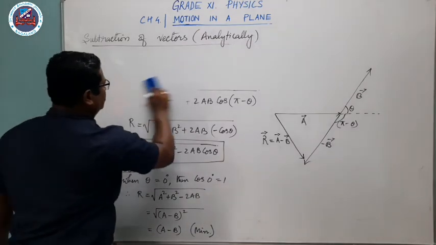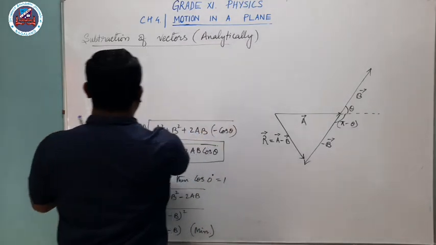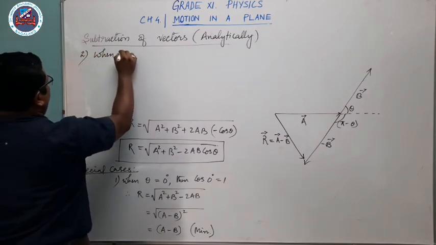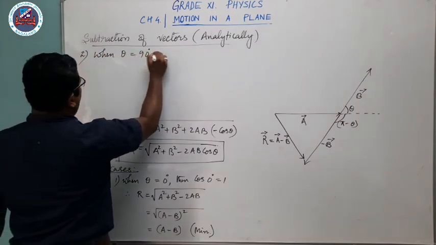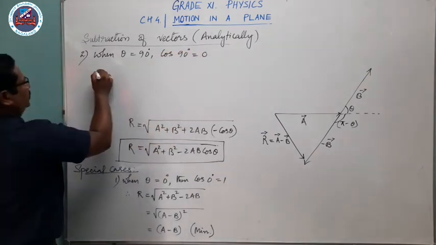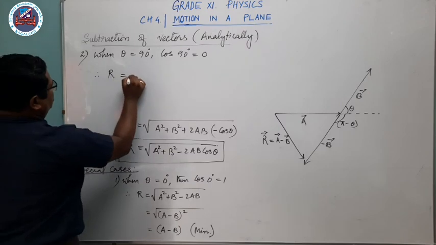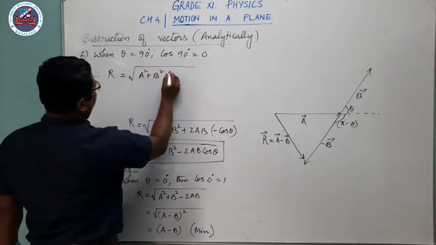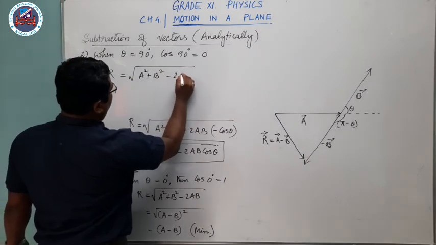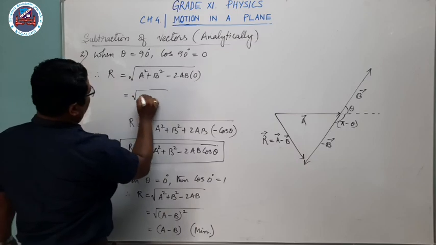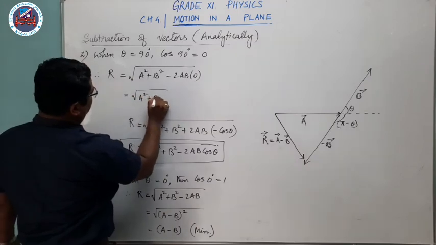Case 2: when theta is equal to 90 degree, cos 90 degree is equal to 0. Therefore, the magnitude of the resultant R will be A square plus B square minus 2AB into 0, which gives root over A square plus B square.